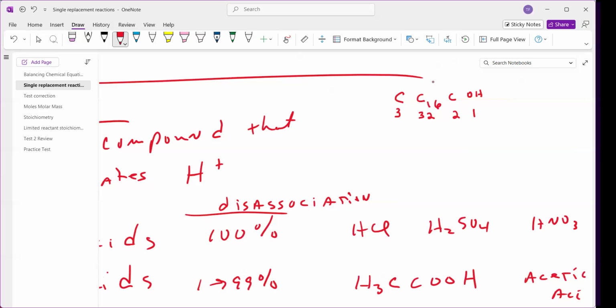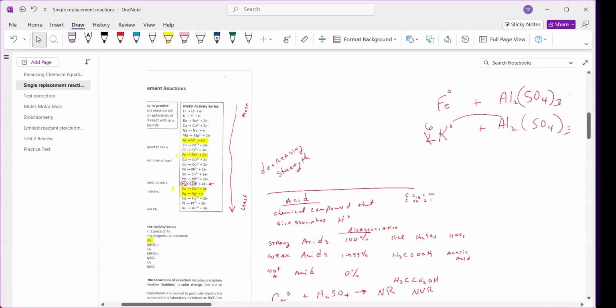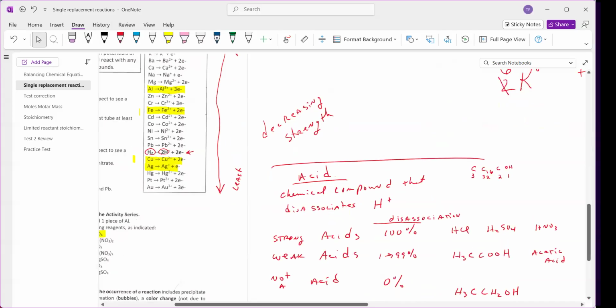Now, later on, we're going to talk about strong acids and weak acids. What's the difference between the two? I'll talk about that when we talk about acids in more detail. Okay. So acids will come into play, and the H plus is the part that's going to come into play specifically.